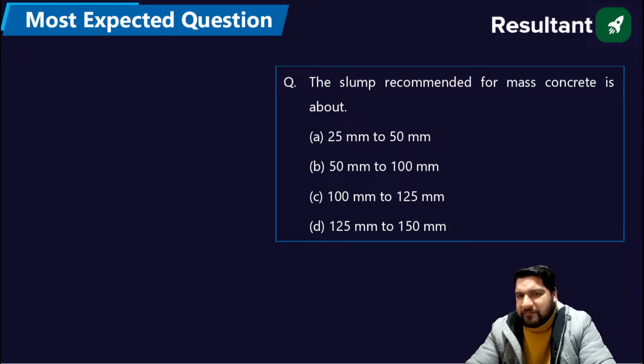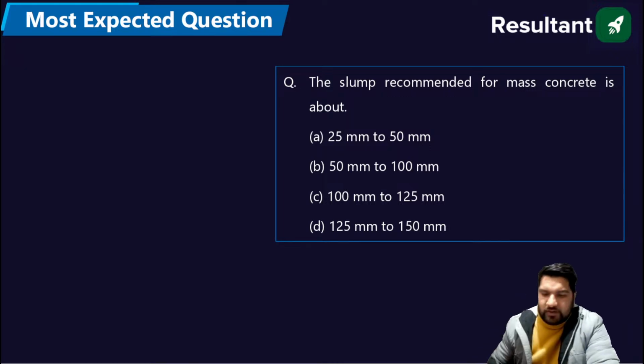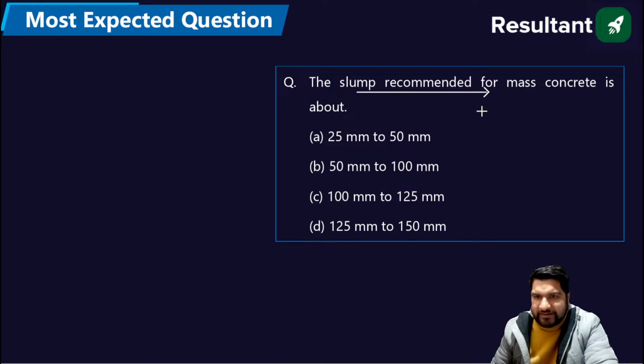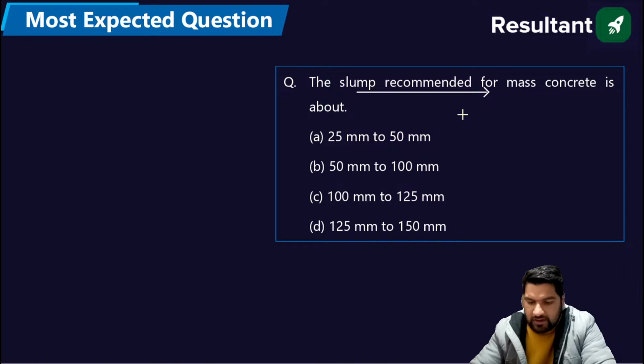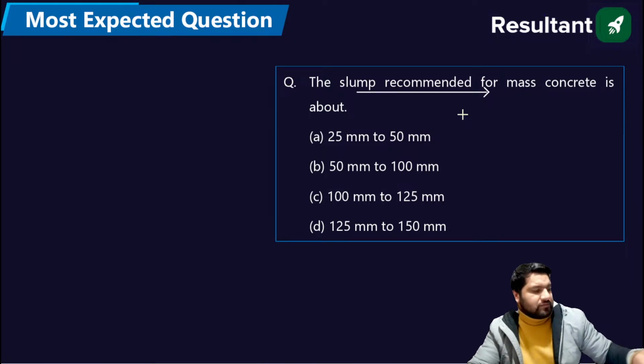Guys, the slump value recommended for mass concreting is about what? We have discussed it in this class. It is mass concreting, guys. What should be the slump value? Anyone?